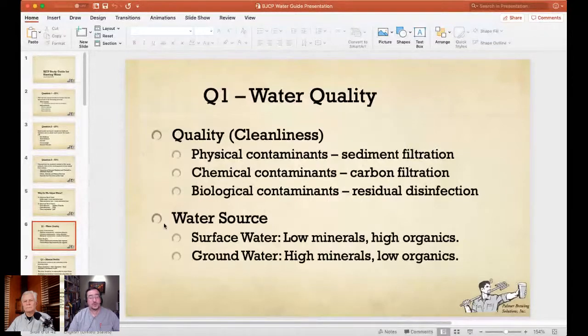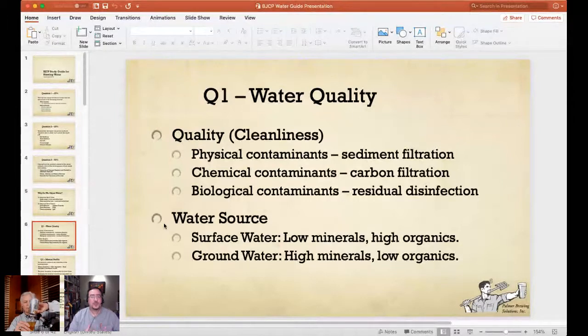You can have chemical contaminants, which can be anything from pesticides or industrial pollution, chromium-6, other chemical contaminants in the water. And you can also have biological contaminants, and those can be bacteria such as E. coli, or parasites such as Cryptosporidium or something like that.